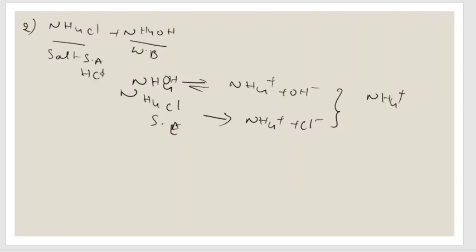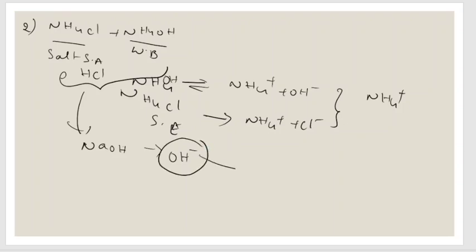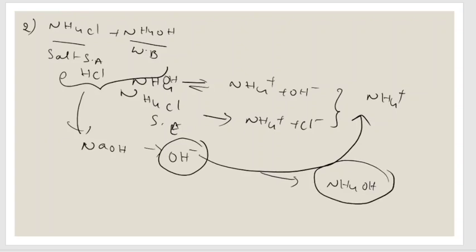Now for example, if we consider this particular solution and we add a strong base like NaOH in a small amount, then it immediately produces OH- ions. Whatever OH- ions are produced here, they readily react with ammonium ion and form undissociated NH4OH molecules.